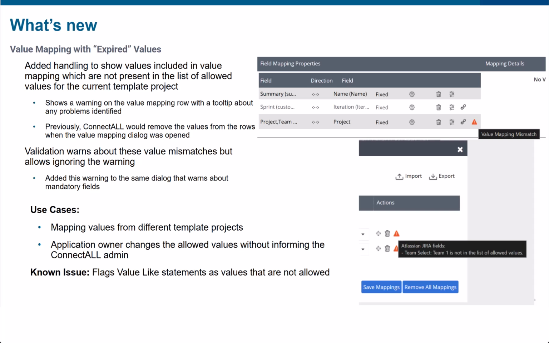Again, that makes sense. It's not something that's on their radar. And so the value mapping broke. When we opened the value mapping, it wasn't clear what the problem was. Now this will highlight it right there that says this value is no longer allowed or not in the list of allowed values. And it's really clear what's going on there.